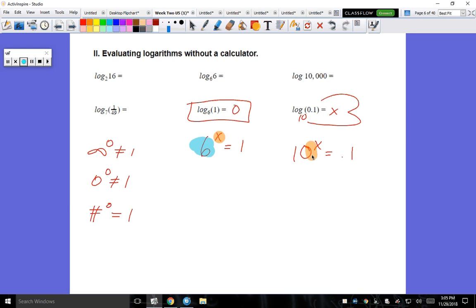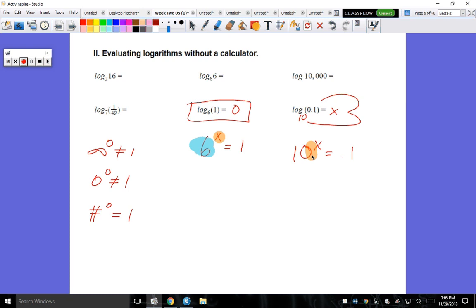What is going on between 10 and x right now? Is multiplication going on between 10 and x? No. So you're not going to try to divide by 10. That's a big common mistake. This is an exponent, this is a power, this is a base.